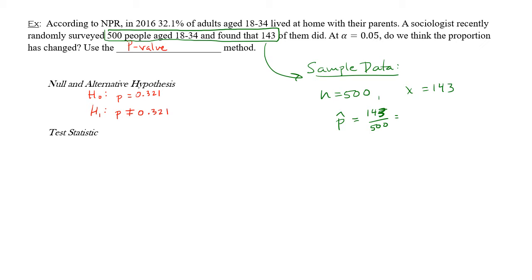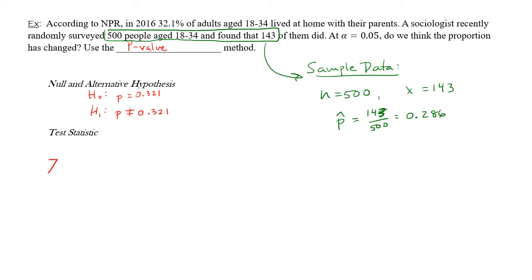Let's see what we get as a decimal there. Something around 0.286. So this certainly appears different than the claim in the null hypothesis. But let's see how unlikely this sample would be if we suppose that null hypothesis to be true.